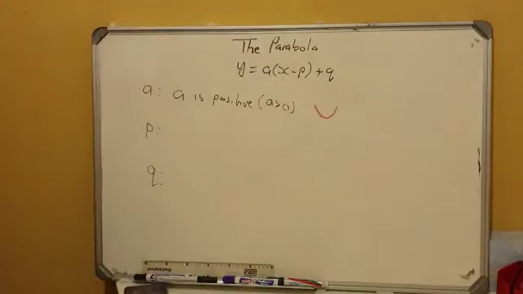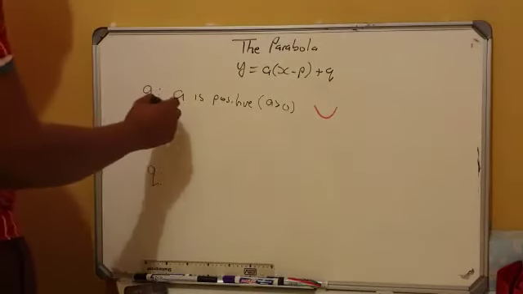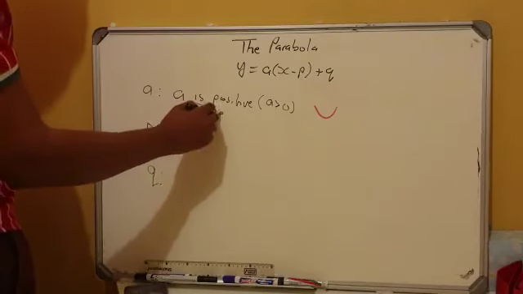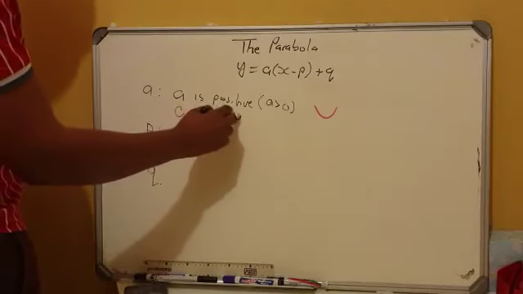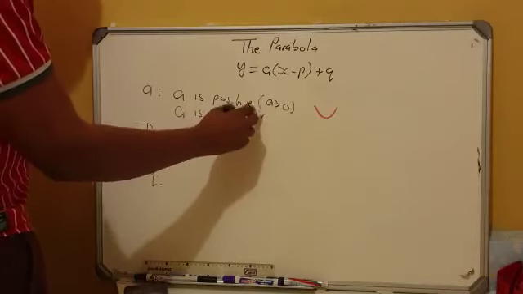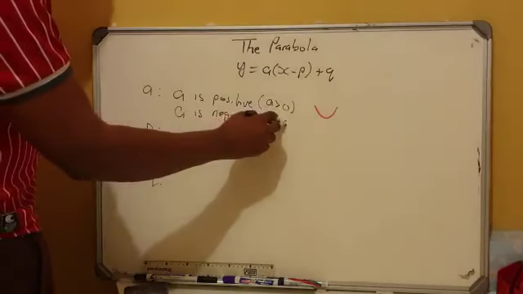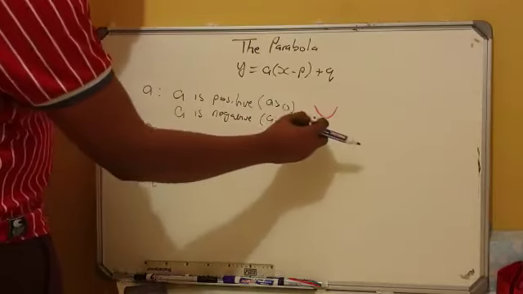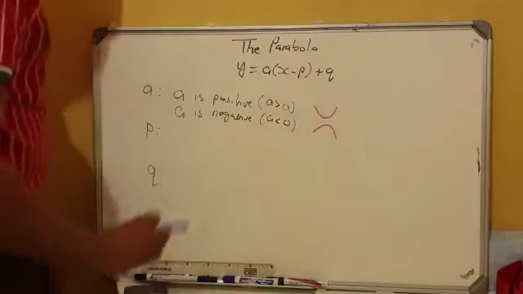It is usually known as it will smile. And when a is negative, meaning when a is less than 0, the graph will frown, will look like this.